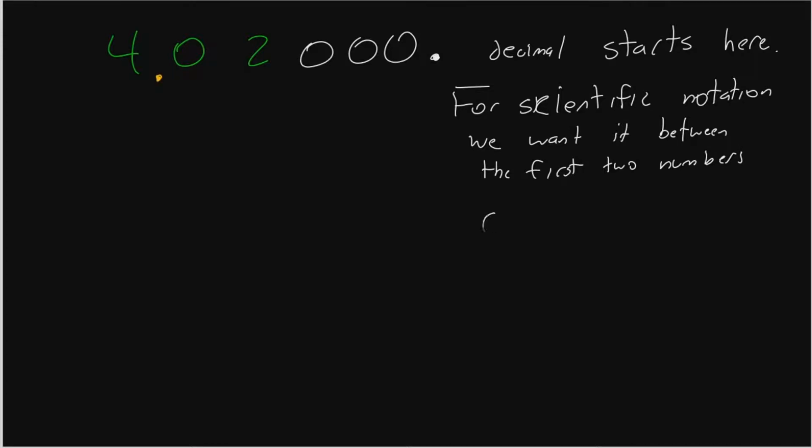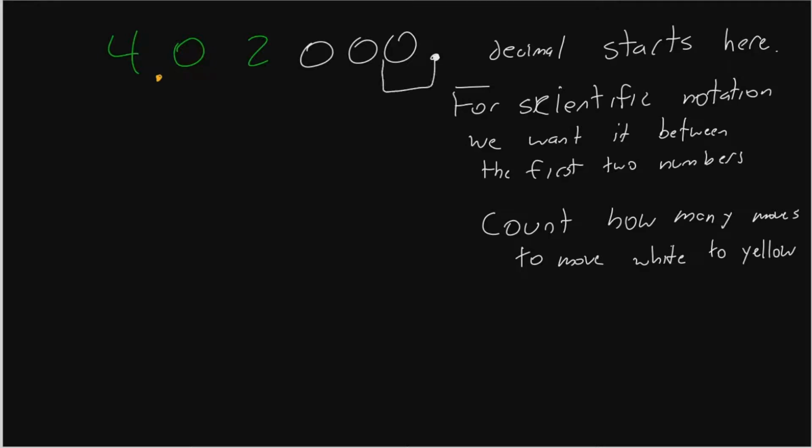And what we need to do is to count how many moves it's going to take to move the white dot over to the yellow dot. Okay, so let's count this out. It will take 1, 2, 3, 4, 5 moves. So what we can say is in scientific notation, you can write only the significant figures.